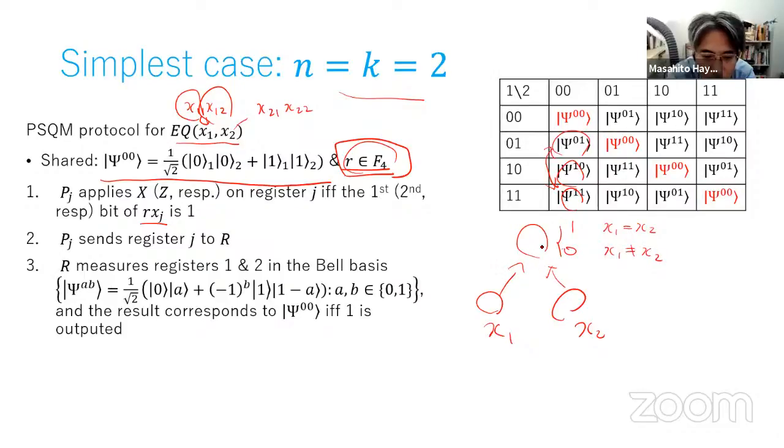But of course, we must keep the security condition, which is that each party has to keep their secret. So this party does not learn any information except the output itself. So we use randomness here.